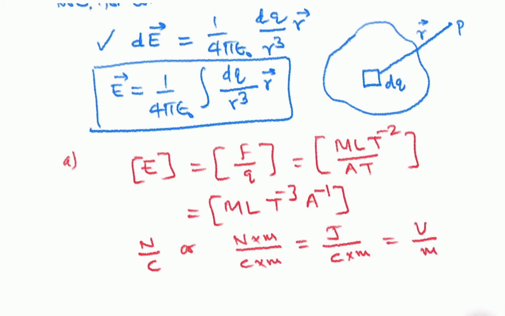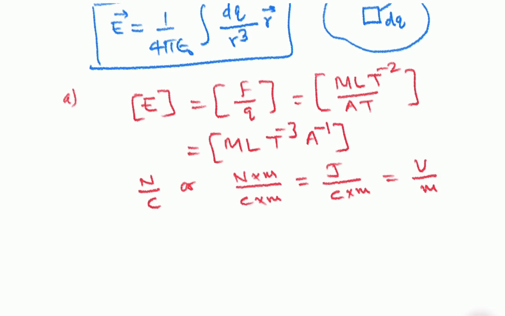Therefore, there are two units of electric field, newton per coulomb and volt per meter.